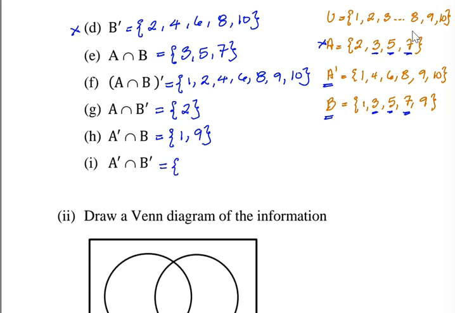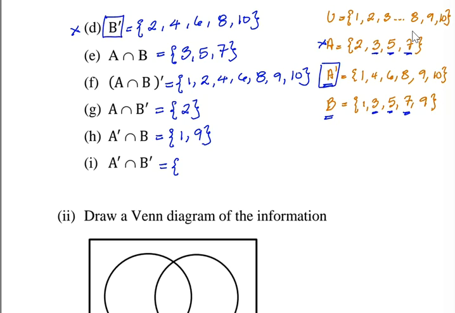And lastly, at I, we need to list the elements of A complement intersect B complement. So two things we need to be looking at. We need to be looking at A complement, which is here, and we need to be looking at B complement, which is here. And again, we're looking for elements which are common.